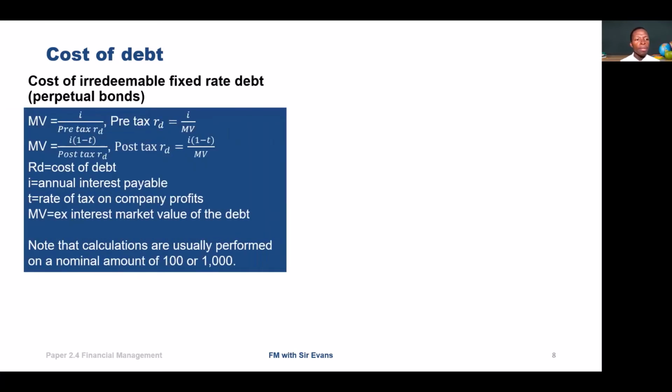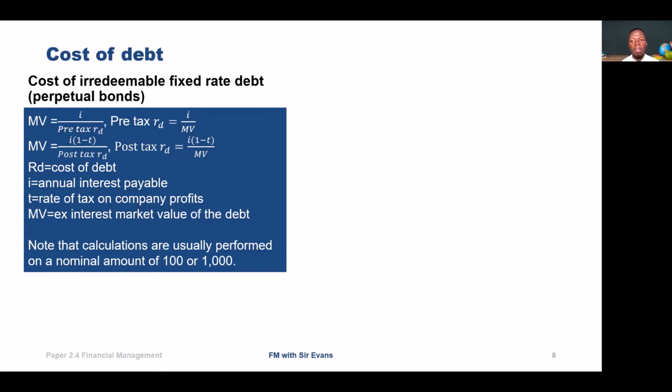So we have the market value of such bonds to be the annual interest payable, I, over the pre-tax cost of debt. So MV is equal to I over pre-tax Rd, and to find the pre-tax Rd it is I over MV. And also with the post-tax, we have I(1 minus T) divided by the post-tax Rd.